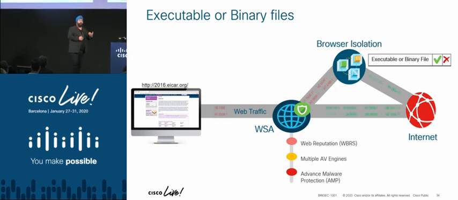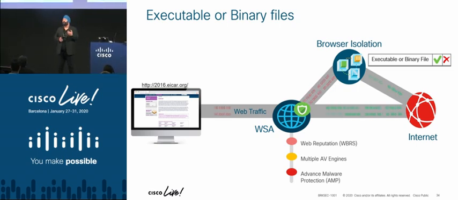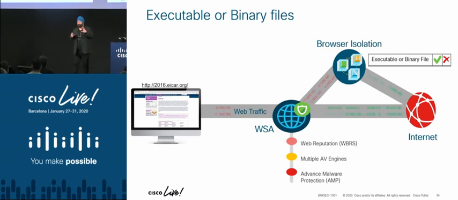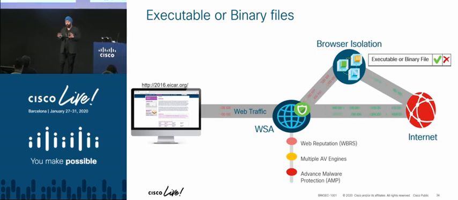All these three engines would kick in whenever you have these executable files and make sure they give you protection. But specifically for your Office documents, that's where you can use CDR as a technology, which can disable the active content itself.